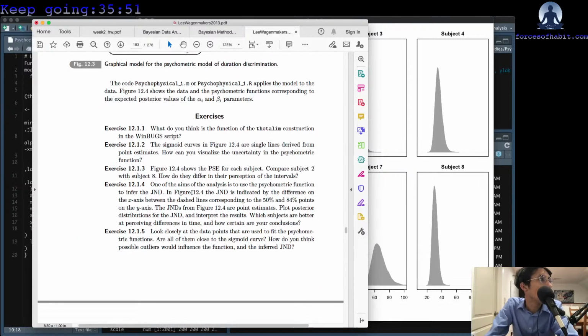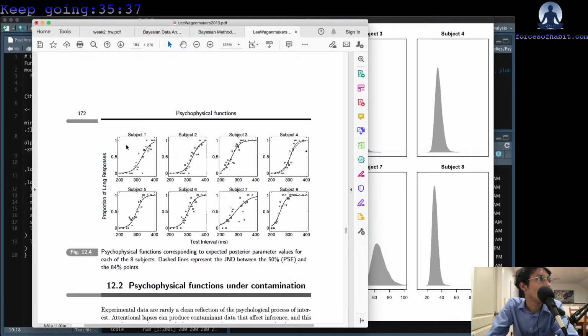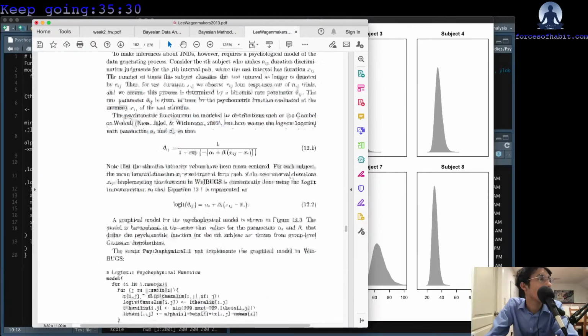Okay. In figure 12.4, just noticeable differences are indicated by the difference on the x-axis between the dashed line and the corresponding 50 and 84% points on the y-axis. I don't know why 84% is the just noticeable difference, but there would be a dashed line there, it seems.